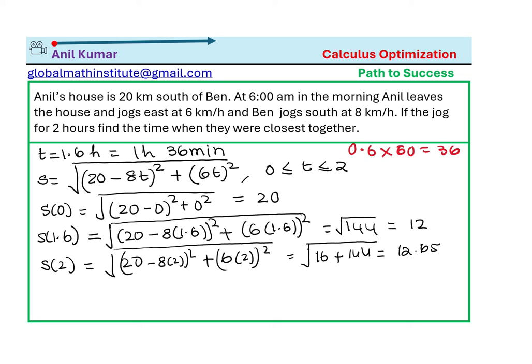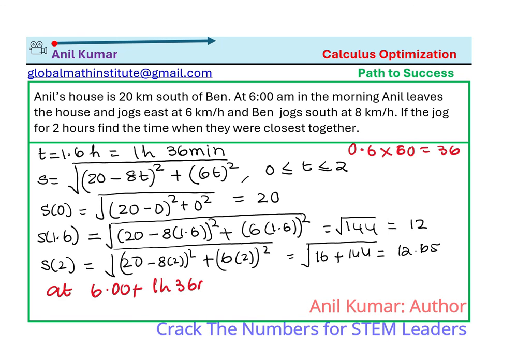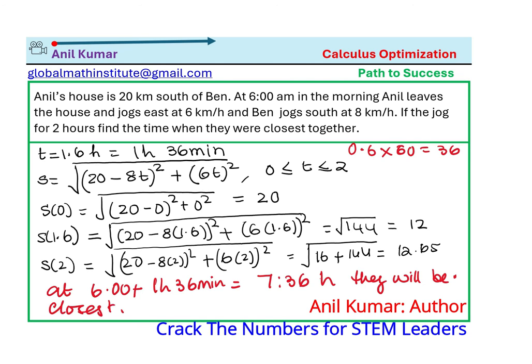So that means at 6 plus 1 hour 36 minutes, that is at 7:36, they'll be closest. Makes sense, right? So that is how we are going to solve this particular question.